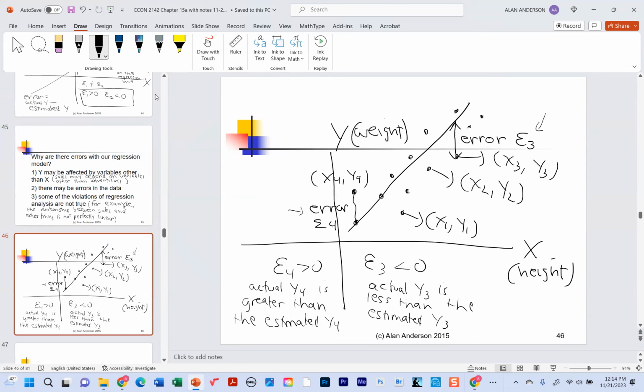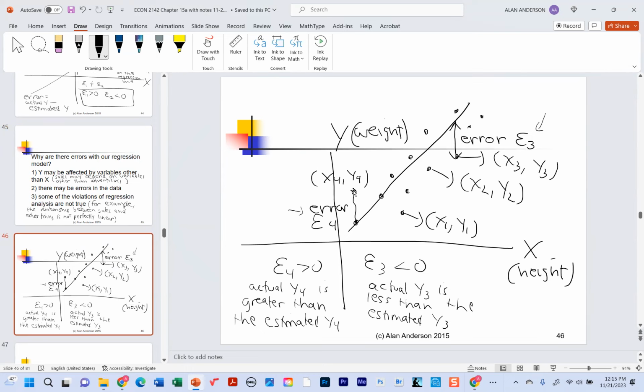All right, so here again, you can see I'm trying to focus on the errors. I've chosen error 4 and 3. And you can see error 4 happens because this point is well above the line. We'll call that epsilon 4, because it refers to the point x4, y4. And you can see epsilon 4, because of the way the error is defined, is positive.